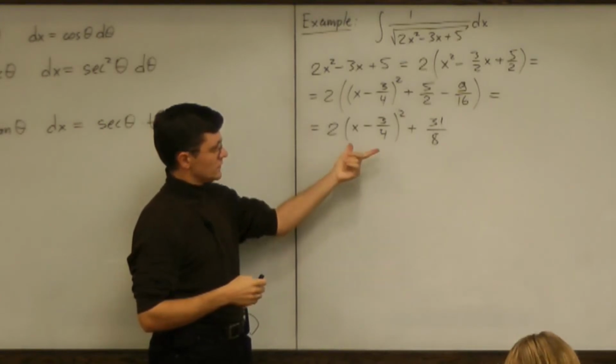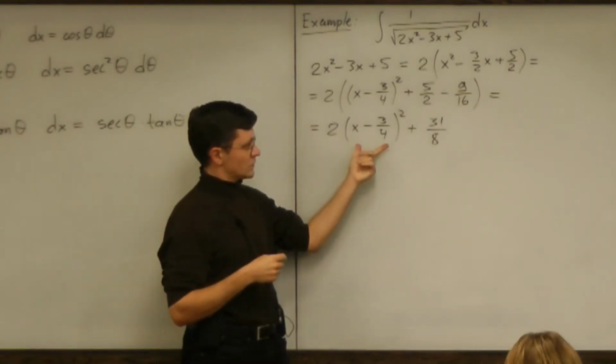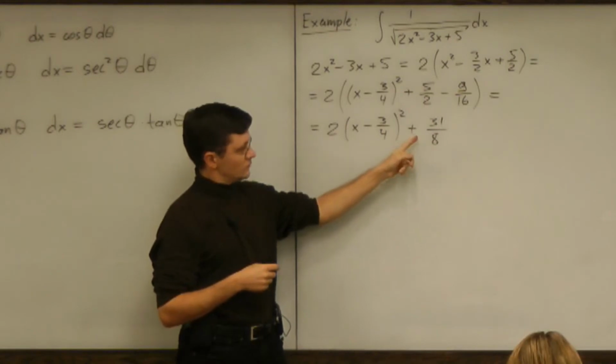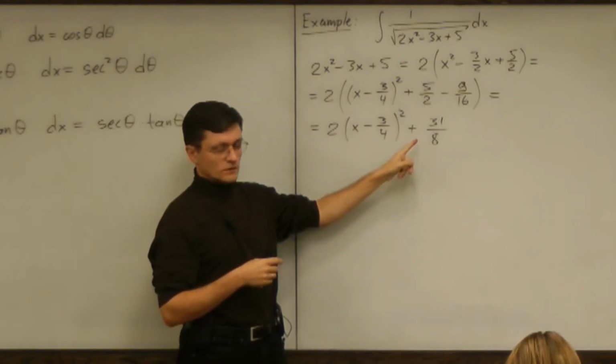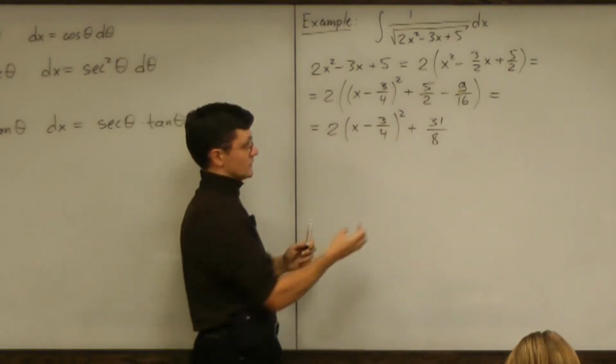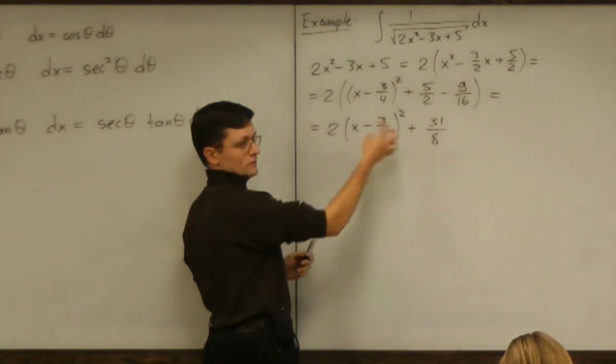Now what I want to see here is something like a square plus or minus 1, right? I will definitely have plus 1 after I factor that number.